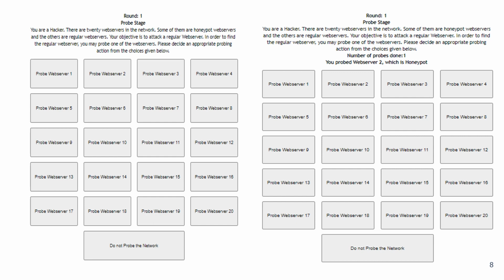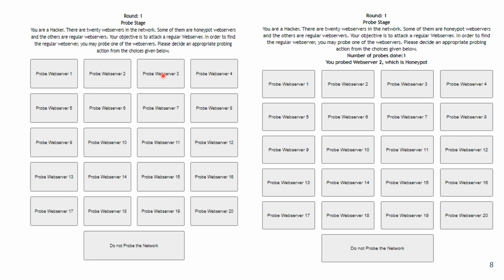So this is the user interface for the DG2055, where five of them are honeypot web servers and the rest, 15, are real web servers. The left side denotes the 20 web servers, and the adversary had the option to not probe and proceed ahead.